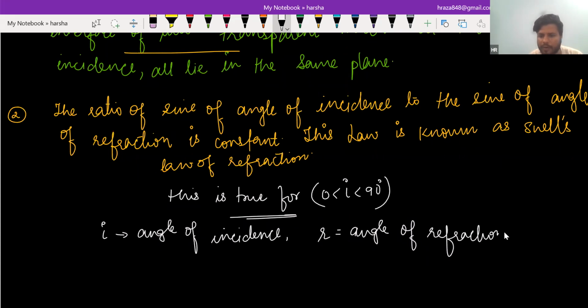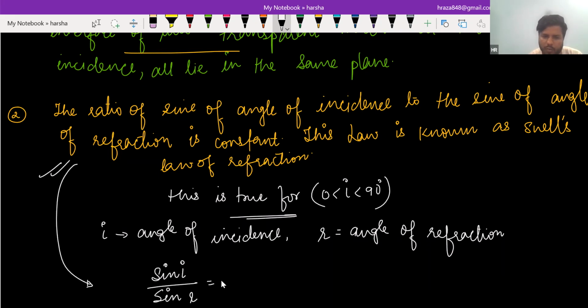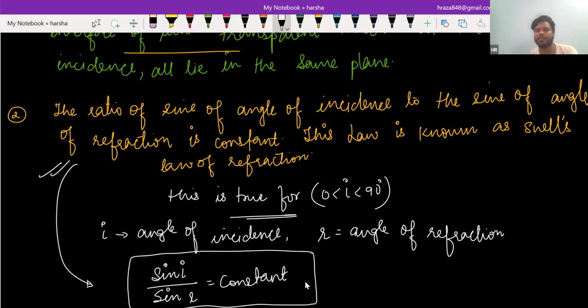If we arrange this sentence in a mathematical equation, sin i upon sin r will be equal to constant. So this is basically Snell's law.